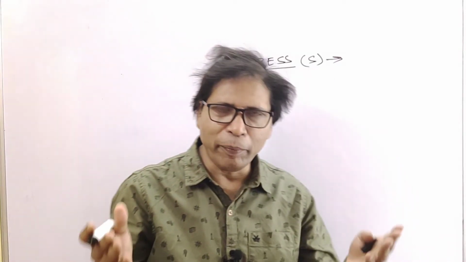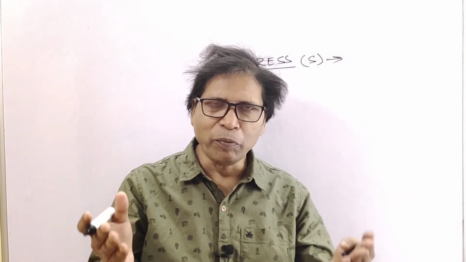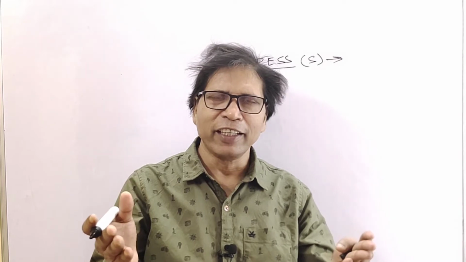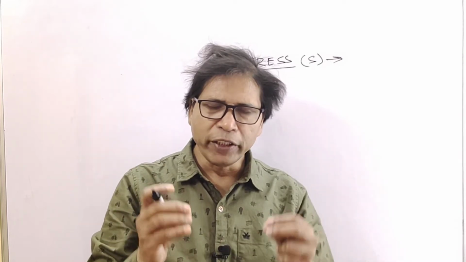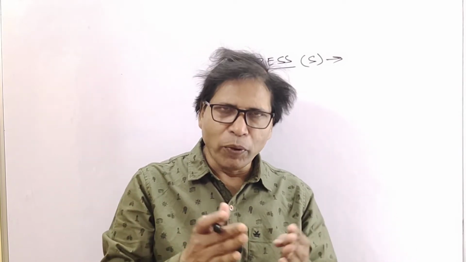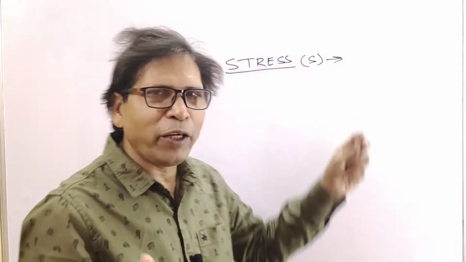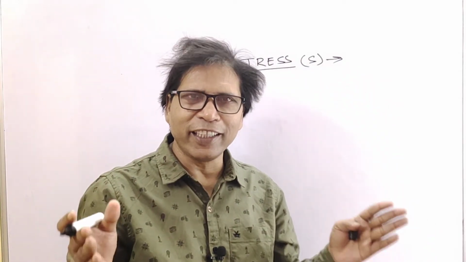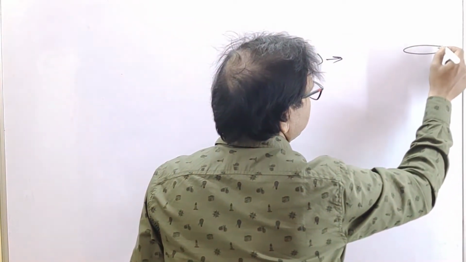Now stress. When a balanced force acts on a body, a reaction force is produced in it. This reaction force helps the body to restore its original shape or opposes the deforming force. This reaction force per unit area of cross section is called stress. Suppose this is a substance.